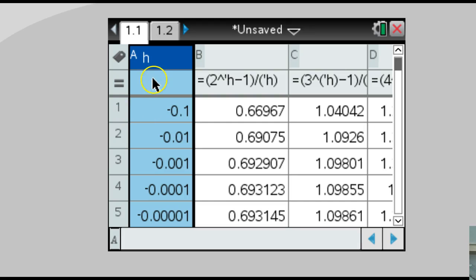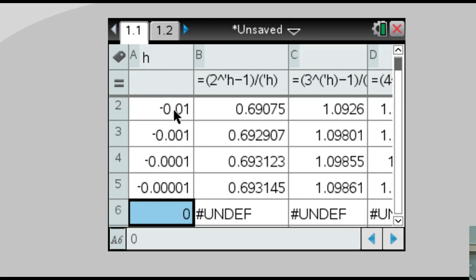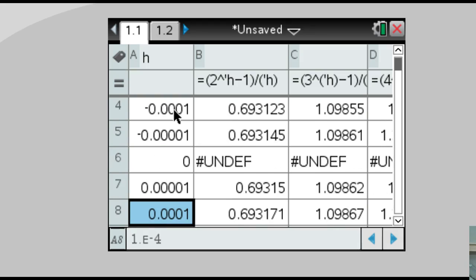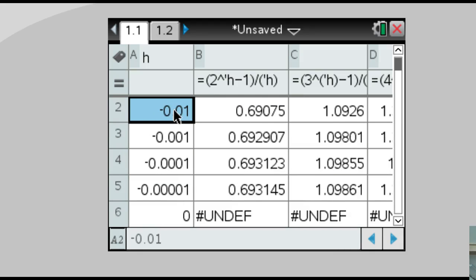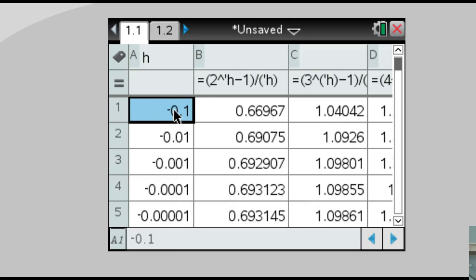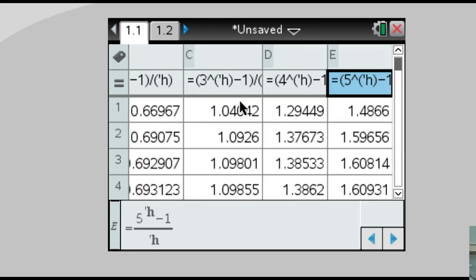I set various h values from negative 0.1 closer to 0, and from the other side from 0.00001 all the way to 0.1. I looked at this difference quotient for different values of a, being 2, 3, 4 and 5.